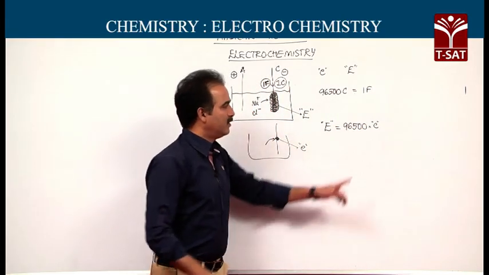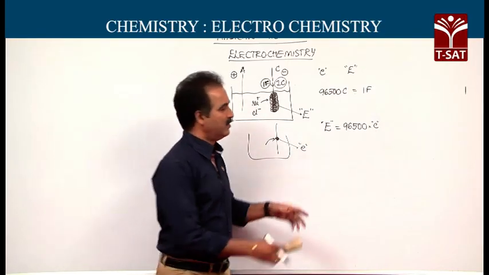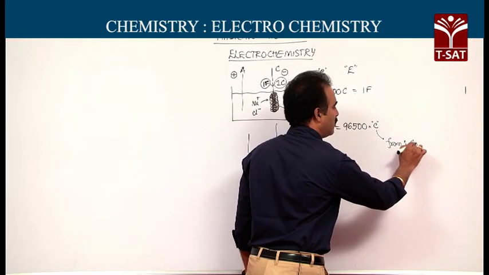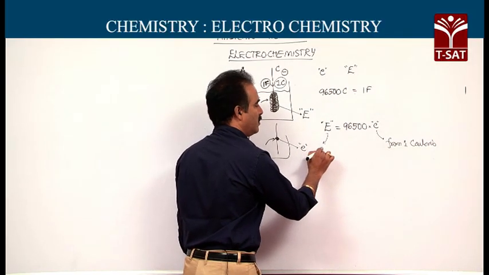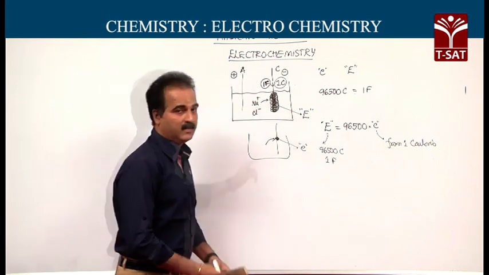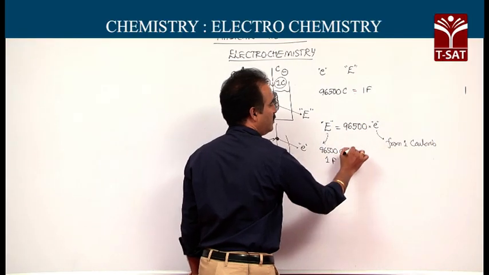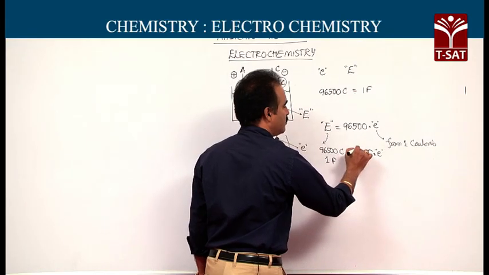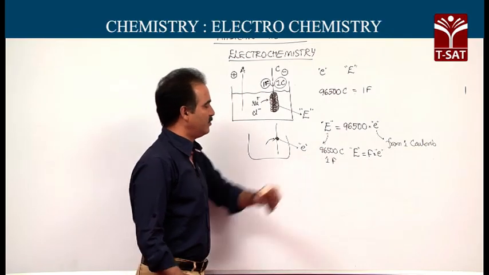The reason is, this is due to 1 coulomb and this is due to 96,500 coulombs, that is 1 Faraday. The relation is E is equal to 96,500 times of small e, or capital E is equal to F into small e. This F is nothing but Faraday, 1 Faraday is 96,500 coulombs.